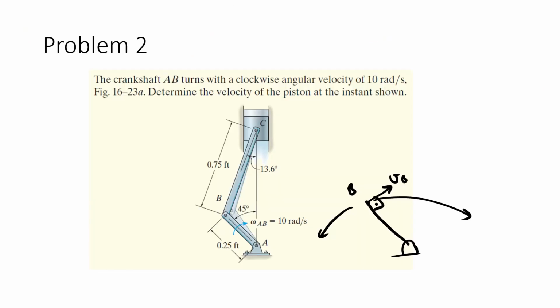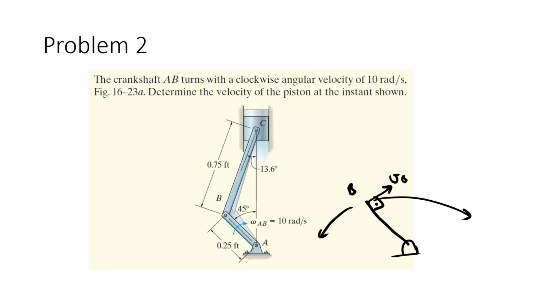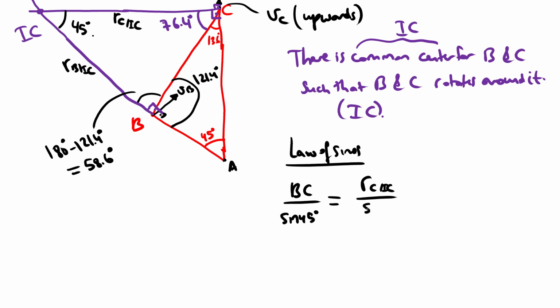Let's see what we have. We have 0.75, which is B to C, and the rest is unknown. But we can use the law of sines. BC by sine 45 degrees is equal to RCIC by sine 58.6 degrees, which is also the same as RBIC by sine 76.4 degrees.